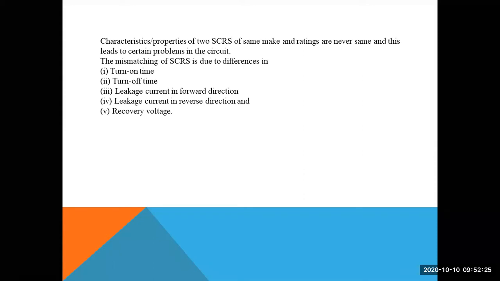On-state voltage will be different for different SCRs, meaning different properties. Even with the same making and rating, they have different properties. With that difference, we get this problem. So these are the practical problems that will occur if you connect SCRs directly in series or in parallel.